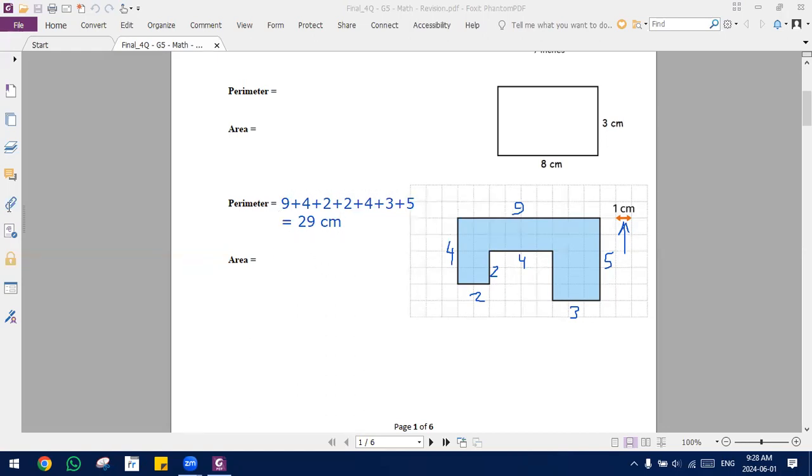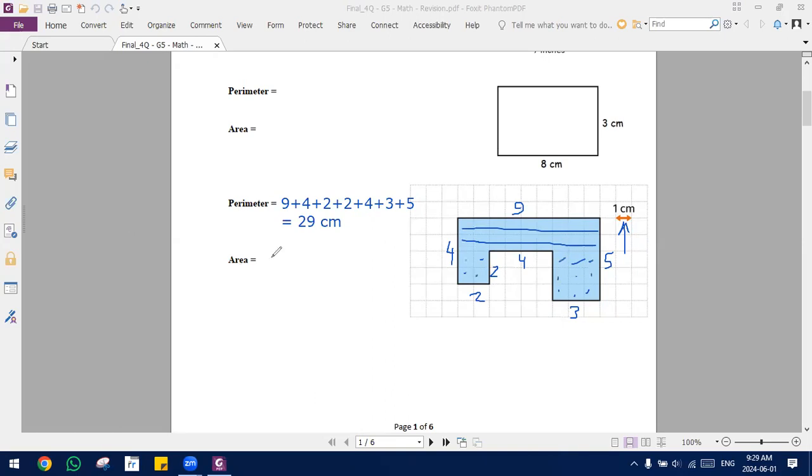Okay, now for the area here, there is no formula. For the area, we need to count the squares inside, like here, 1, 2, 3, 4. Okay, so we count all of them. To count them faster, I know that the upper side is 9. So here I have 9 plus 9, 18, 19, 20, and so on up to 31.